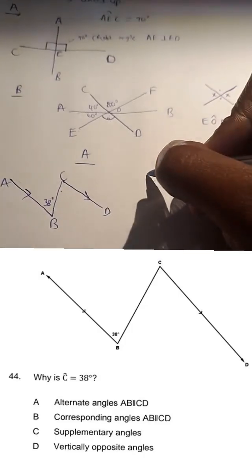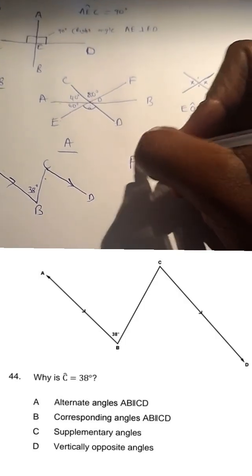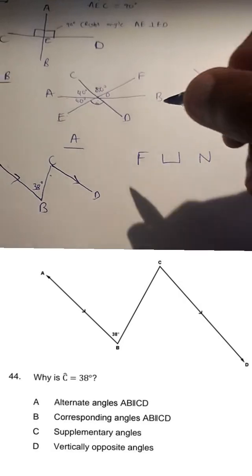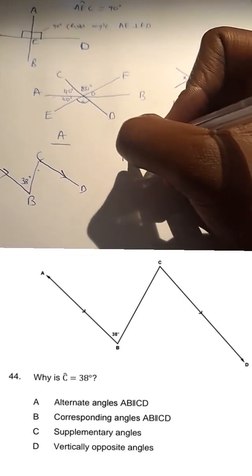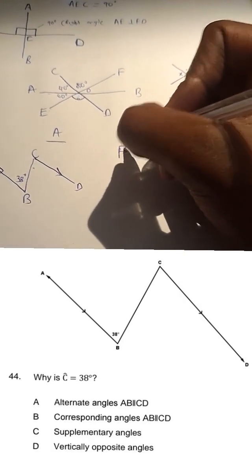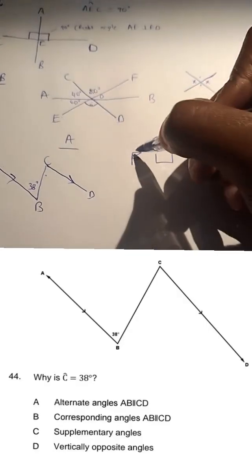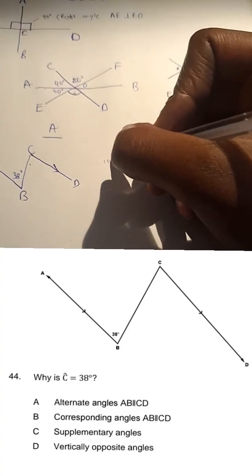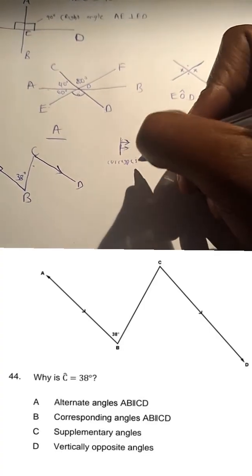So we usually look at this shape here. If there are parallel lines, the F shape speaks about corresponding angles.